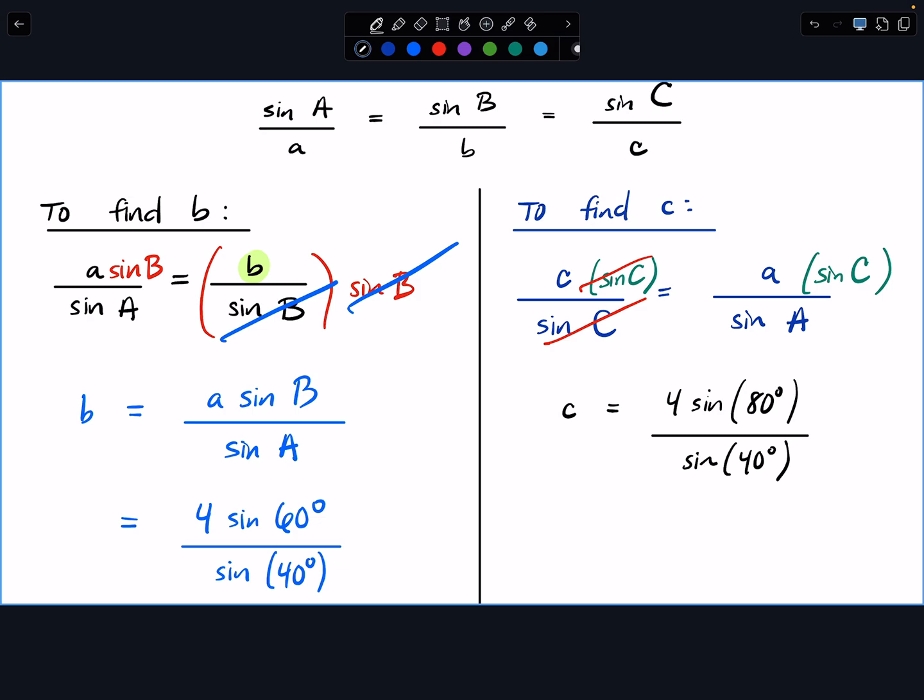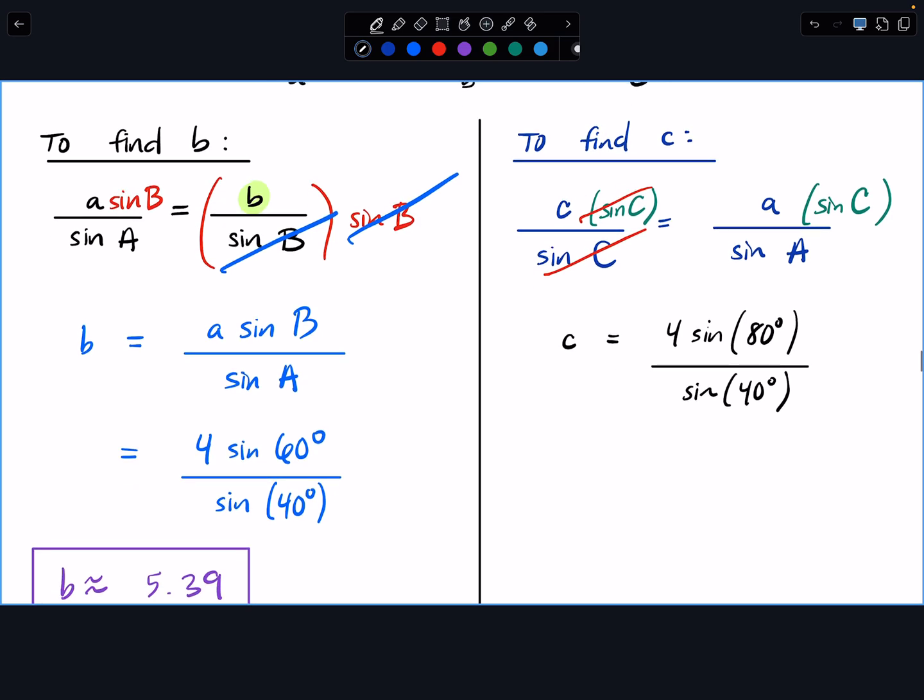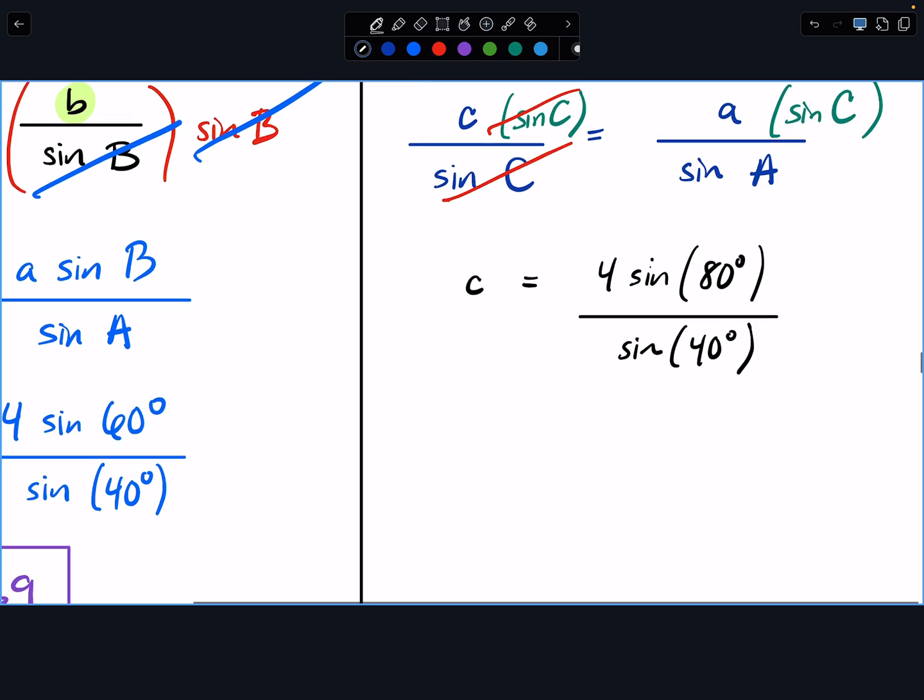Just literally type this into your calculator, okay? Please don't invent math on me in the middle of a test. What do we get? 6.8, what? 13? Hooray.